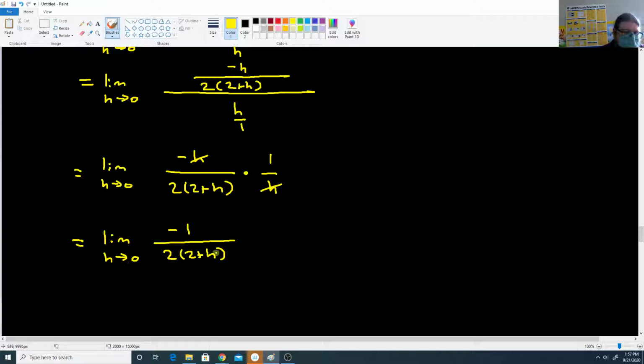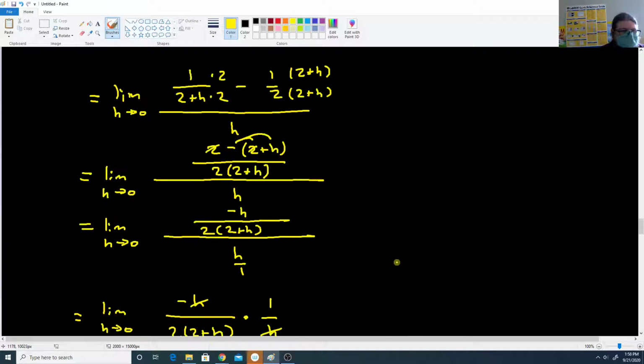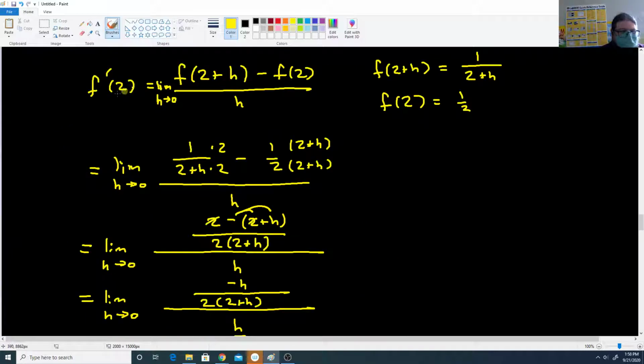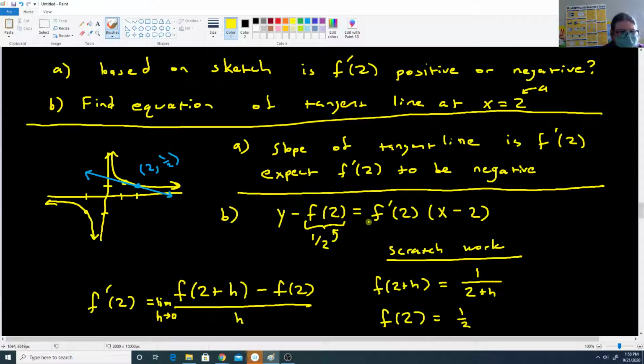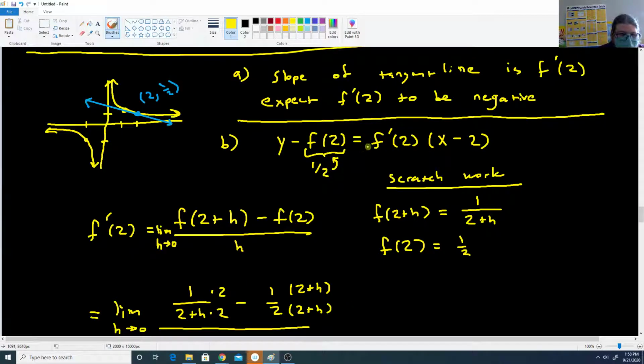If we let h go to 0, this becomes negative 1 over 2 times 2, which is negative 1/4. So negative 1/4 is the derivative of 1 over x at x equals 2. F prime of 2 is negative 1/4. So back up here, negative 1/4 replaces that.